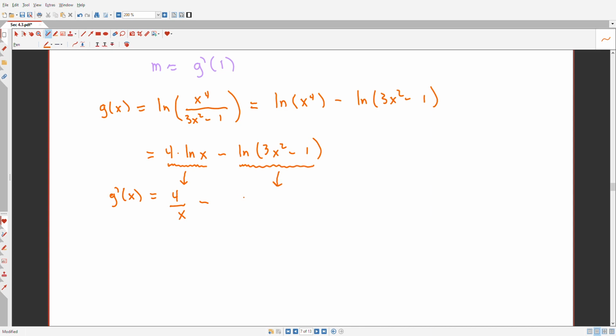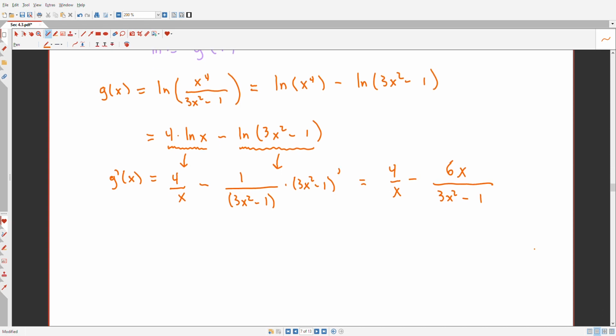I'm going to have 1 over 3x squared minus 1 times the derivative of 3x squared minus 1. I have a little chain rule going on there. And so this simplifies into 4 over x minus 6x divided by 3x squared minus 1.